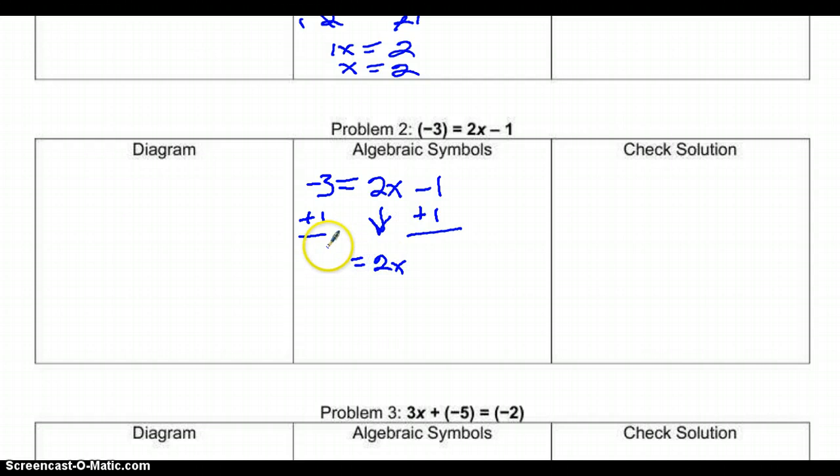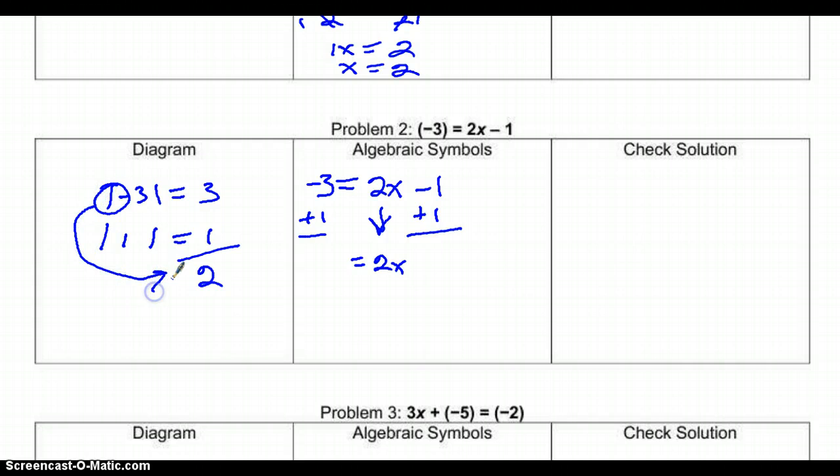And then again, with my property, the absolute value of a negative 3 is 3, and the absolute value of 1 is 1. I'm going to subtract, I'm going to get 2, but I'm going to use the negative sign, so that's going to give me a negative 2.